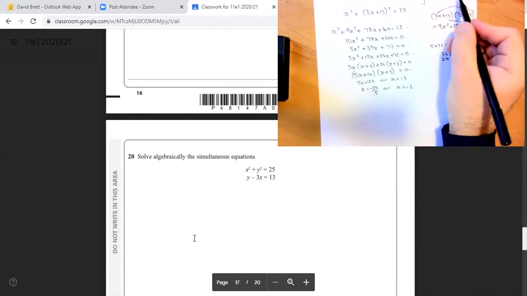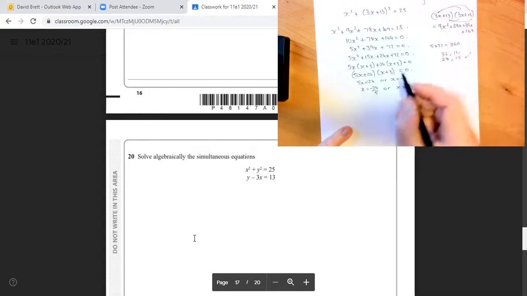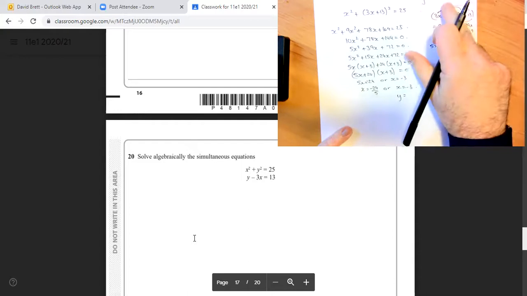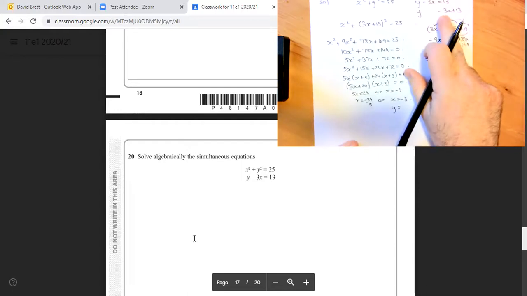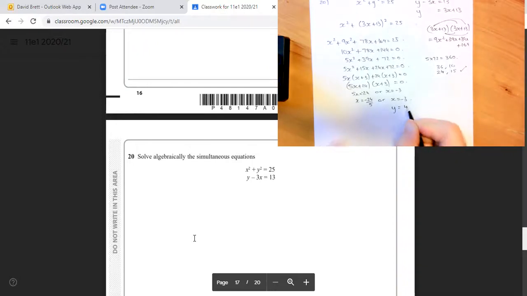So now, if I go into here, when x is minus 3, y will be minus 3 times 3, which is minus 9, plus 13 is 4.